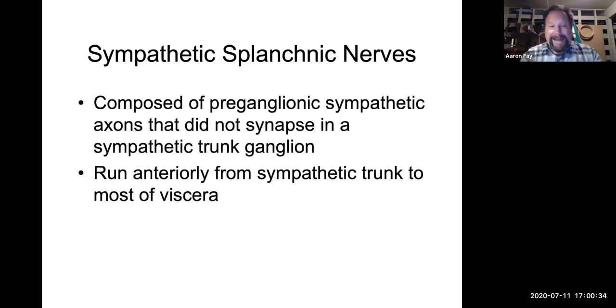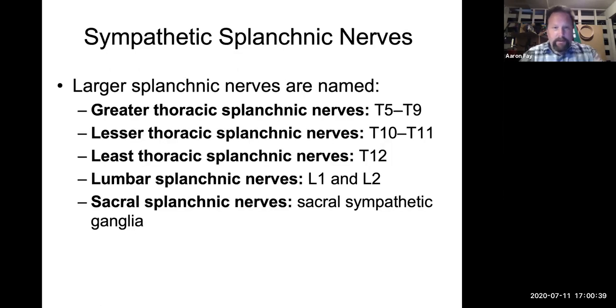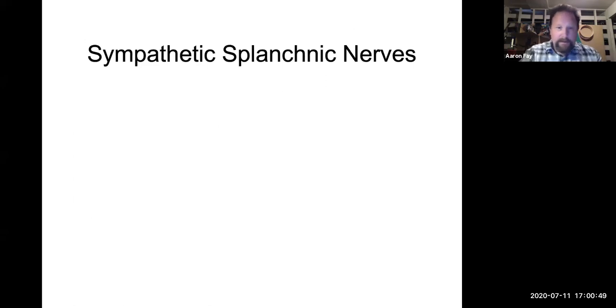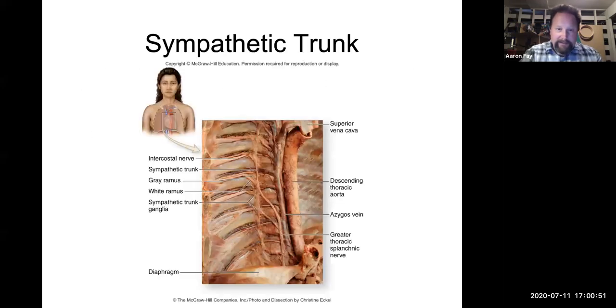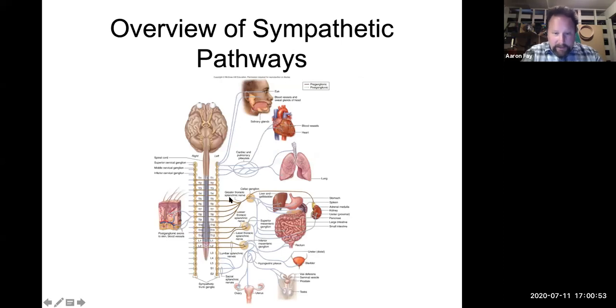They're going to run anterior from the sympathetic trunk to most of the viscera. So these are the major sympathetic splanchnic nerves: greater thoracic, lesser thoracic, least thoracic, lumbar splanchnic, sacral splanchnic. What the hell is he talking about? Come back to this here: greater thoracic, lesser thoracic, lumbar splanchnic, right?